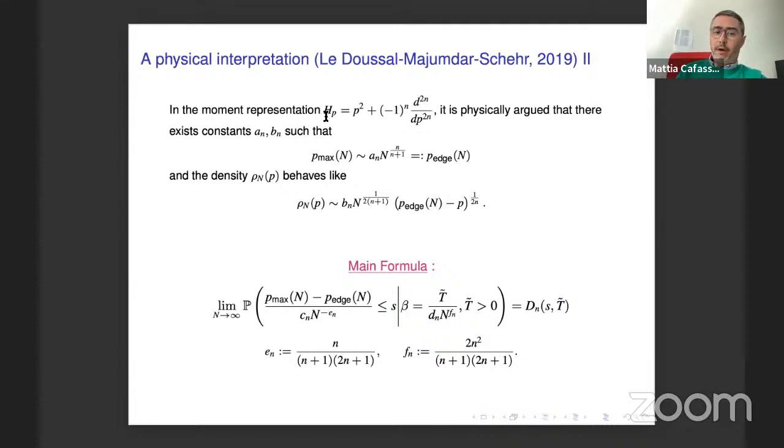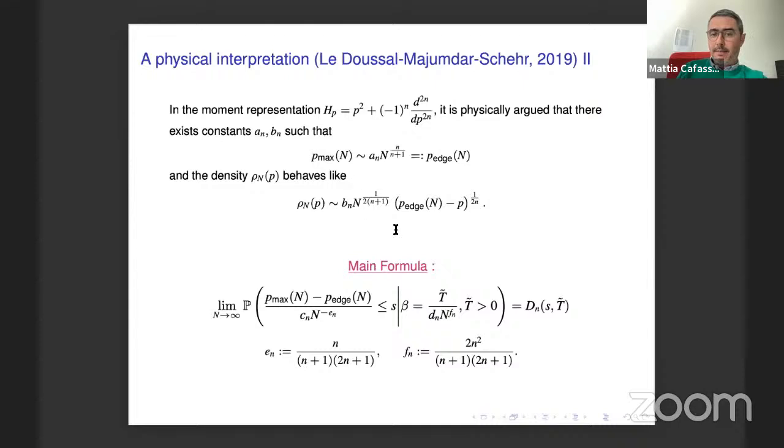So in the momentum representation, it is physically argued that the highest momenta of these systems scale in this way, which now depends explicitly on this small n. So you have this sort of law of large numbers for the maximum of the momenta.